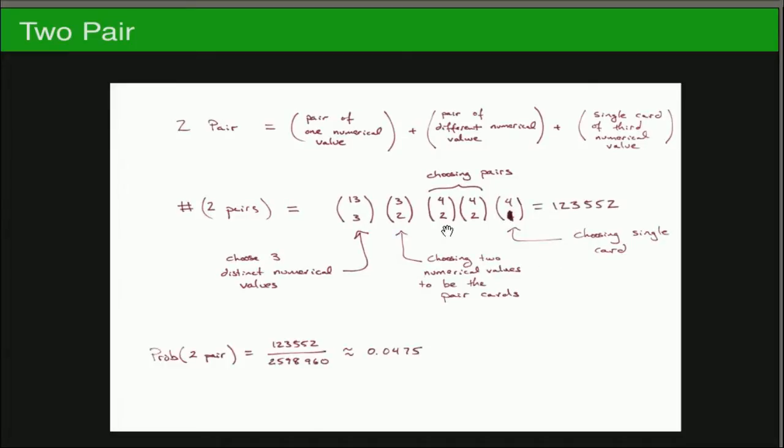If we multiply all those possibilities together, then we get 123,552 ways that we can get 2 pair. So the probability of getting 2 pair is going to be that number over 2,598,960, or approximately 0.0475.